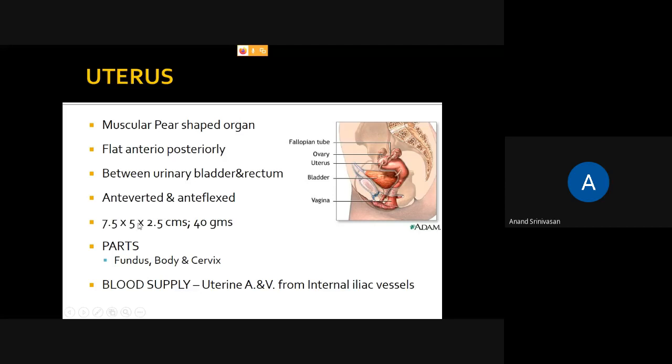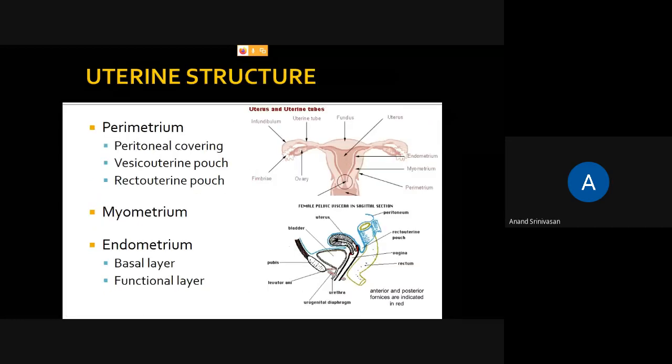These are the normal parameters of the uterus, approximately 8 by 5 by 3 centimeters, and it weighs around 40 grams. That's the normal weight of the uterus. The uterus has a fundus, body, and a cervix.